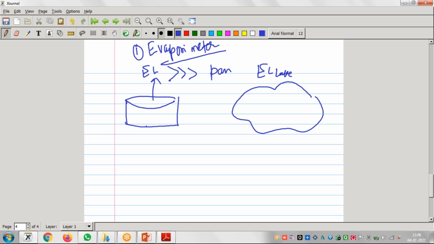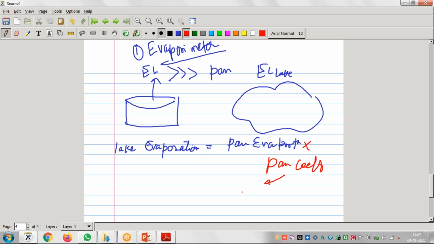So in this case, the formula is lake evaporation is equal to pan evaporation, multiplied by pan coefficient, and this pan coefficient is some value, in between 0 to 1, right?